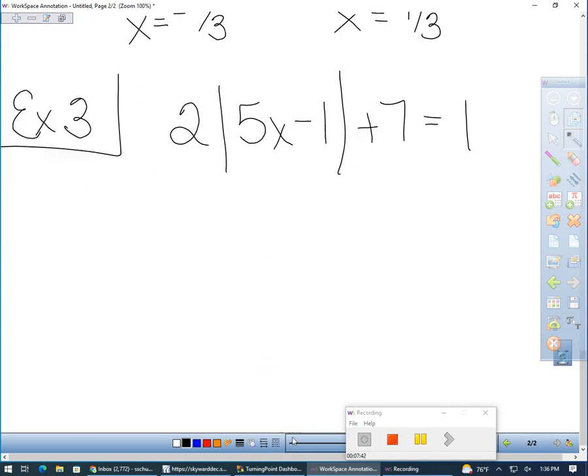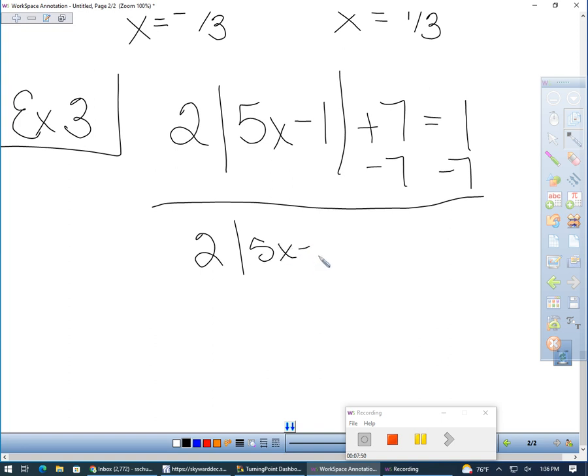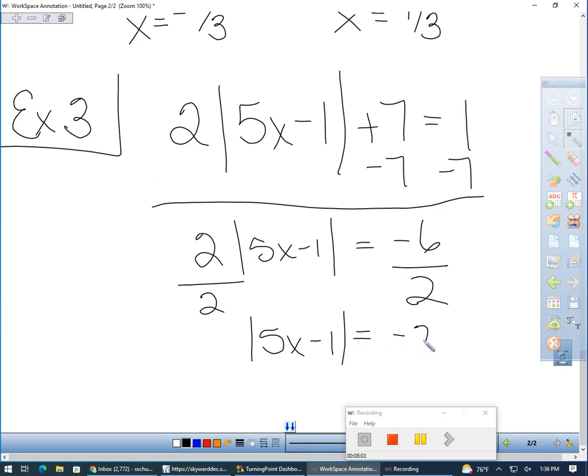So what's the first thing we're going to do here? Subtract 7 from both sides. So I have 2 times the absolute value of 5x minus 1 equals negative 6. Divide both sides by 2. We have the absolute value of 5x minus 1 is equal to negative 3.